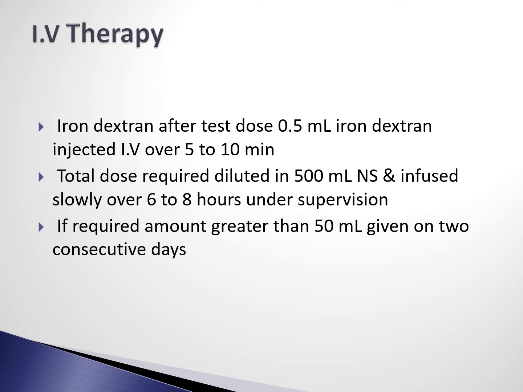So it's very important that a test dose of 0.5 ml is injected. If there is no reaction to the test dose, you can start with the therapy. In this, the total dose required is diluted in 500 ml of normal saline and infused slowly.